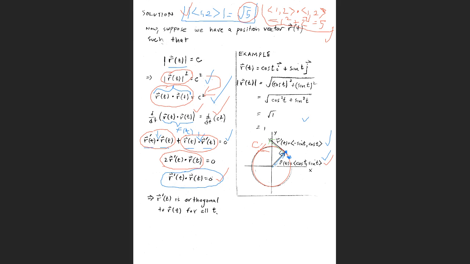Therefore, the derivative of r with respect to t is orthogonal to the vector r for all t. And we've just proven the result.